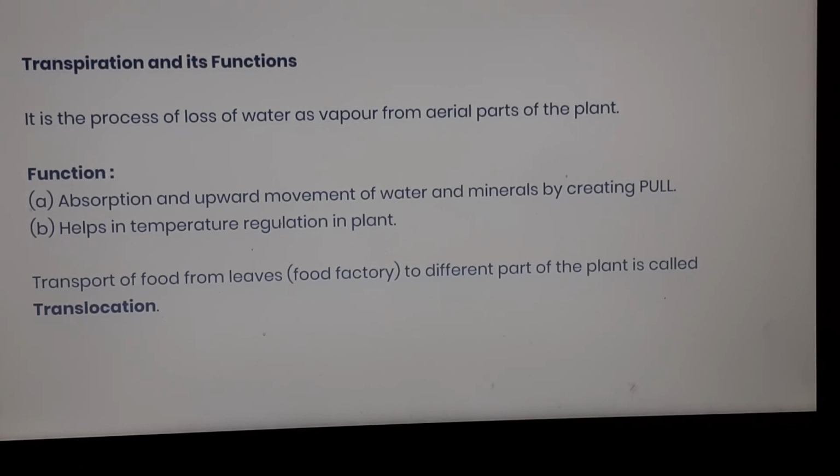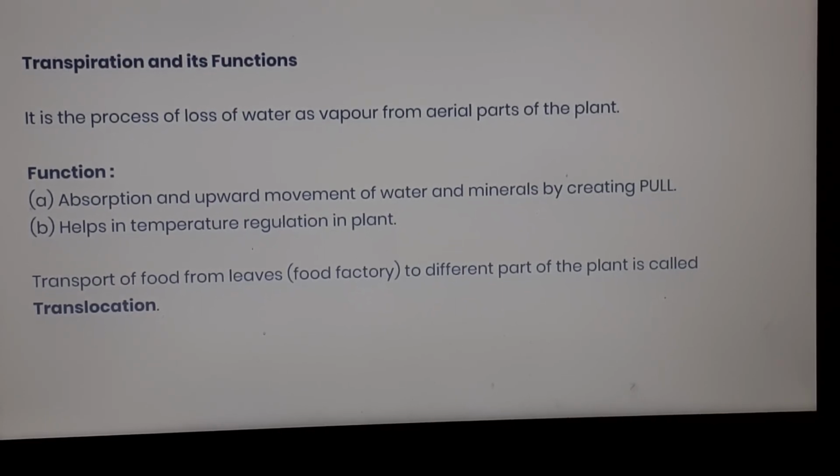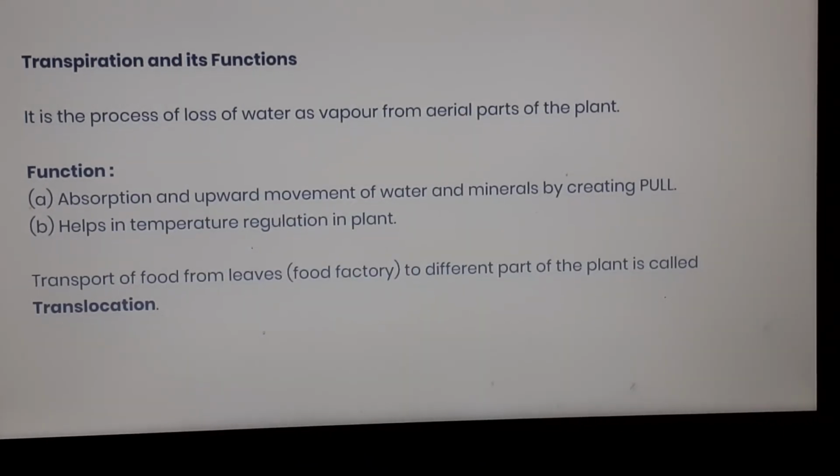Because of that, what will happen? Once the water in the upper part has evaporated, that part becomes vacant. Then the next water moves to that side and occupies it, and all the cells go on like this. So the end of the root becomes vacant, and because of the diffusion and osmotic pressure, the water comes inside.